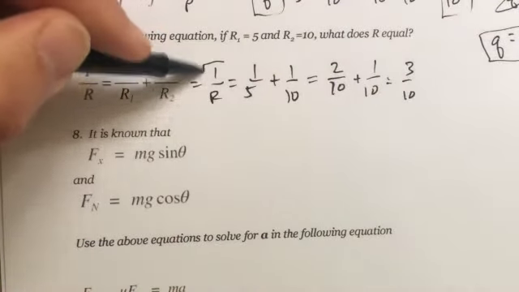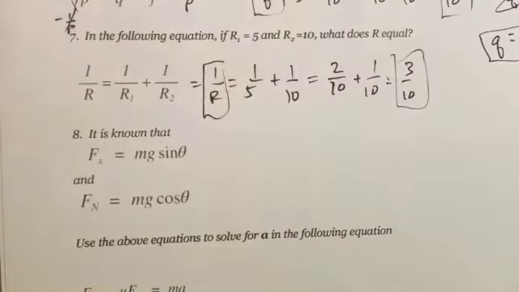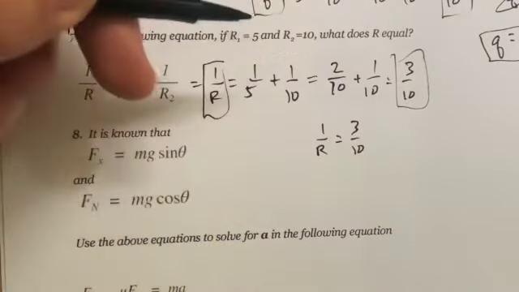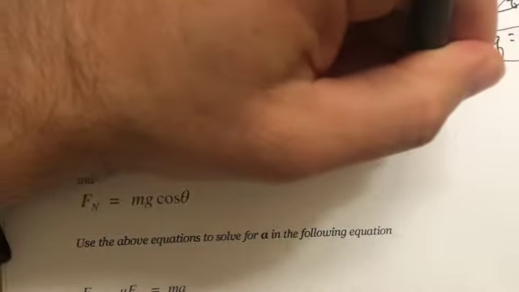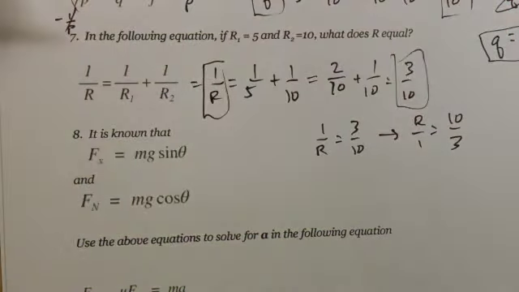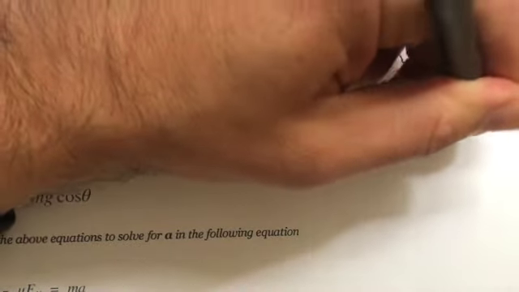Again, that equals 1 over r. So 1 over r equals 3 over 10, let's just flip both of them upside down. So now I have r over 1 equals 10 over 3. And basically, that means that r equals 3.3 repeating.